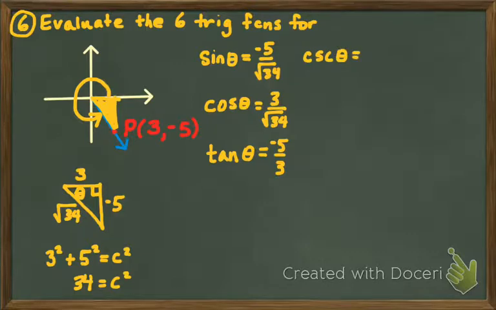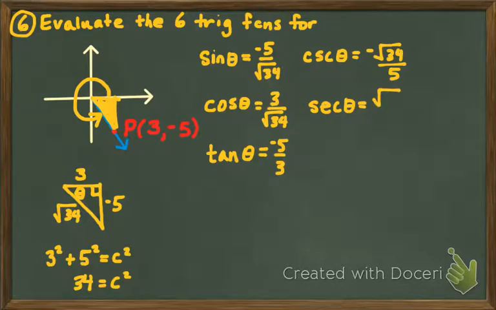So I just flip the answer I got, keep the sign the same, SIGN. So since sine is negative, this cosecant, its reciprocal, will also be negative. So that's going to be negative square root of 34 over 5. And then the reciprocal of cosine is secant theta, which is positive.